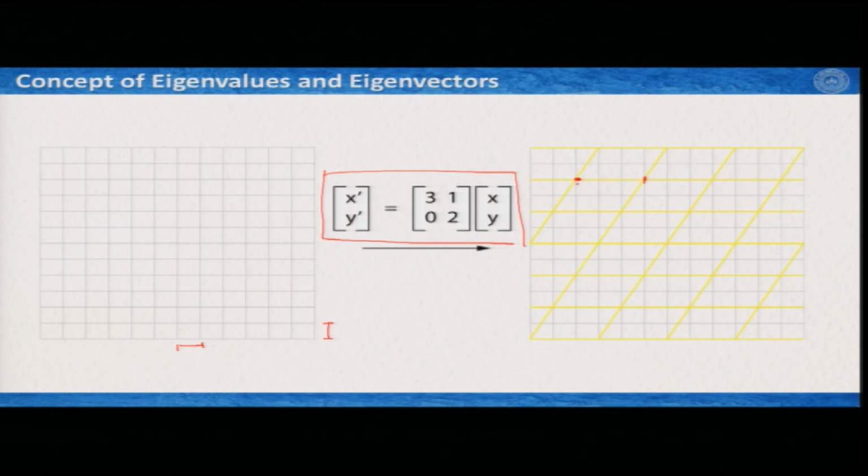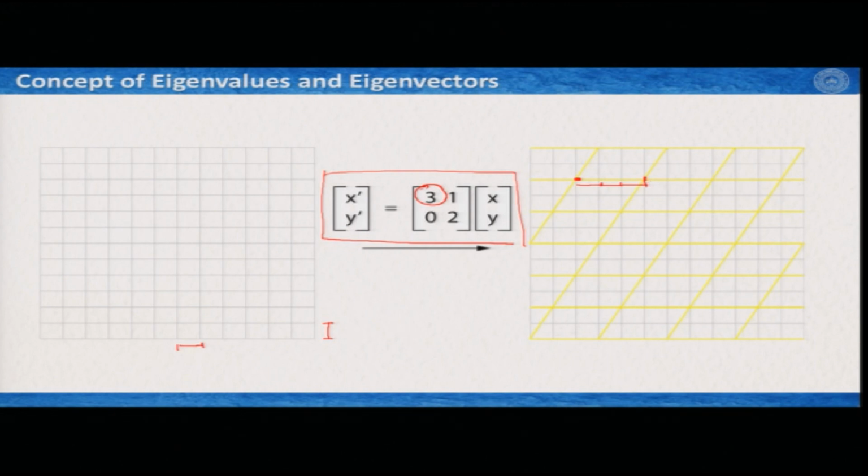So it moved 3 units along the x direction, and no movement along the y direction. So therefore it is somewhere like this.